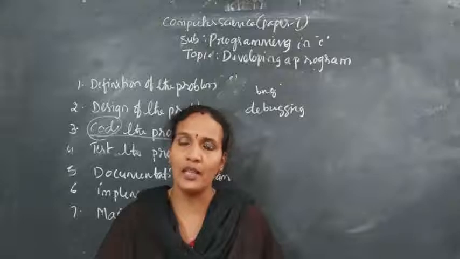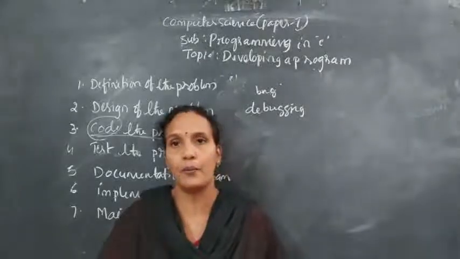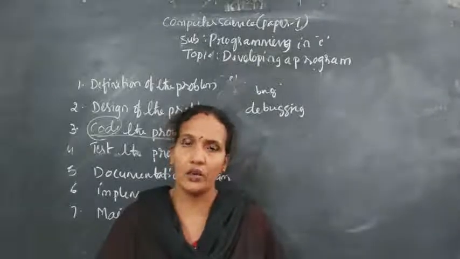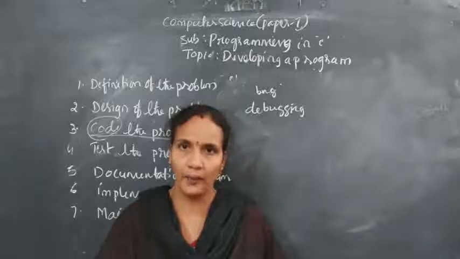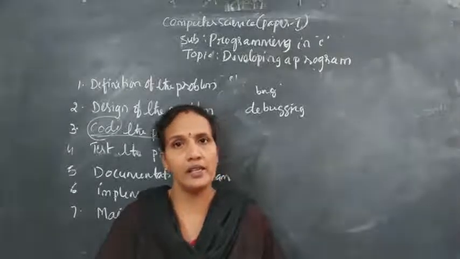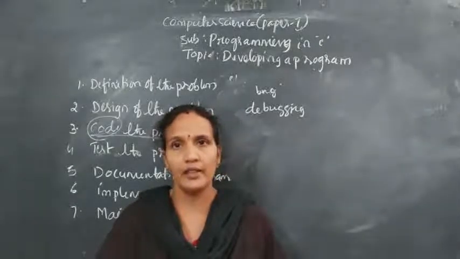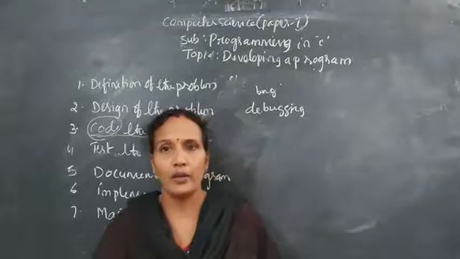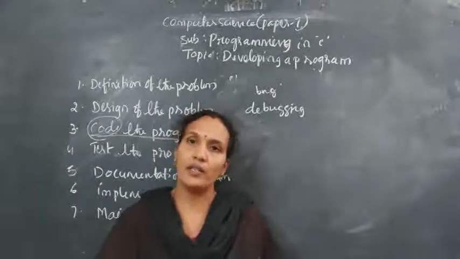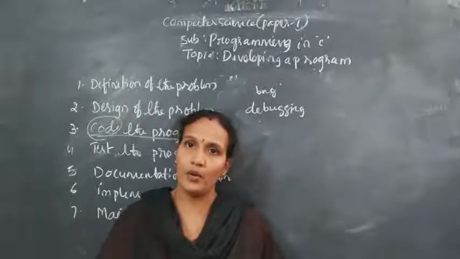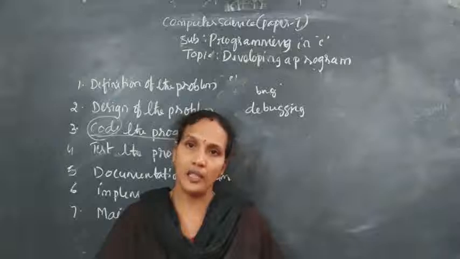You need to convert that pictorial presentation into a program. That is called coding. Writing a program, you can use any high-level language. Next, after writing the program, I want to check whether there is an error in the program or not. That is the testing process.